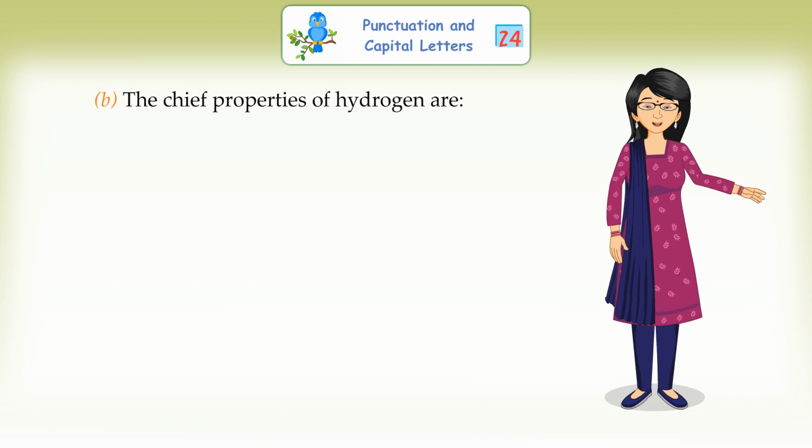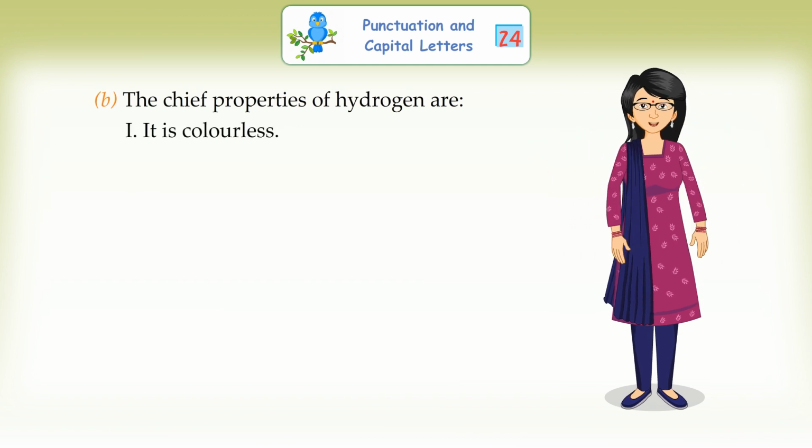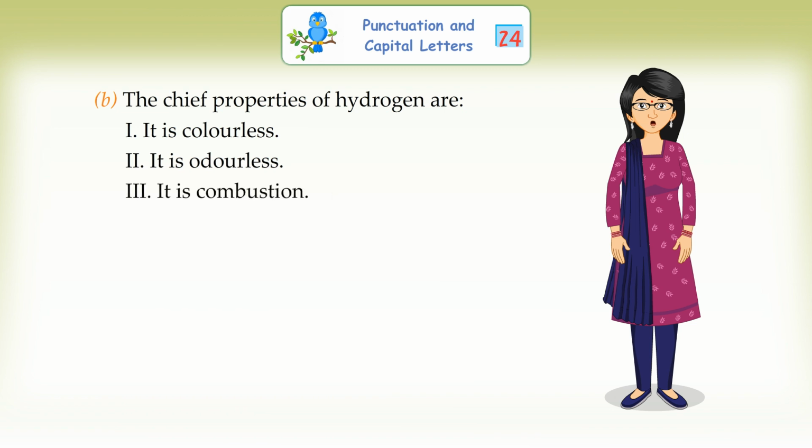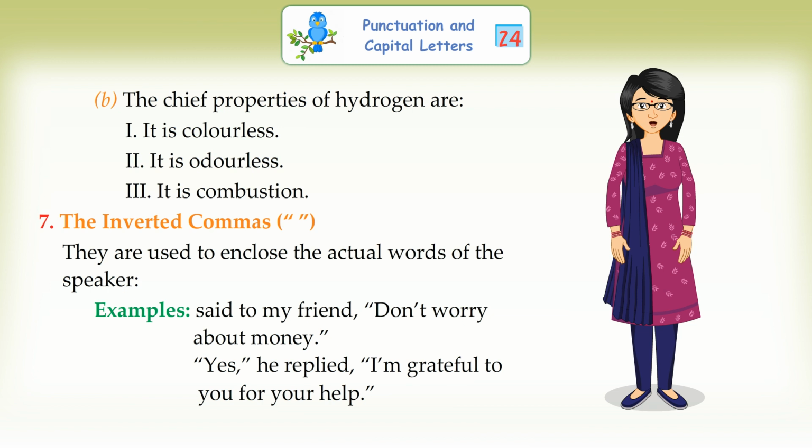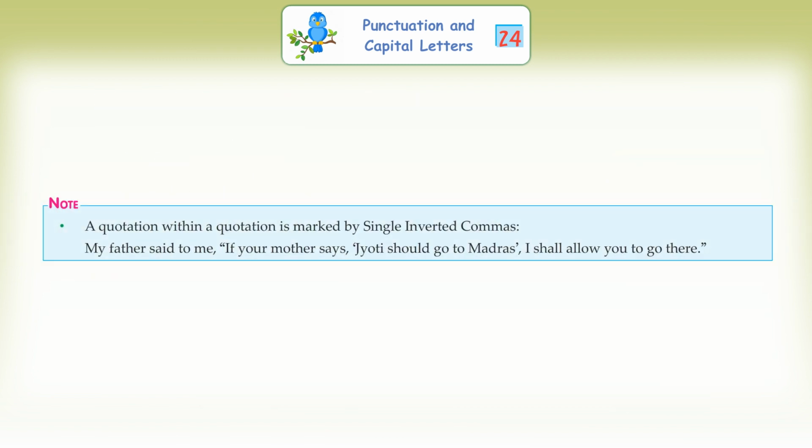The chief properties of hydrogen are: it is colorless, it is odorless, it is combustible. The inverted commas. They are used to enclose the actual words of the speaker. Examples: I said to my friend, "Don't worry about money." "Yes," he replied, "I'm grateful to you for your help."